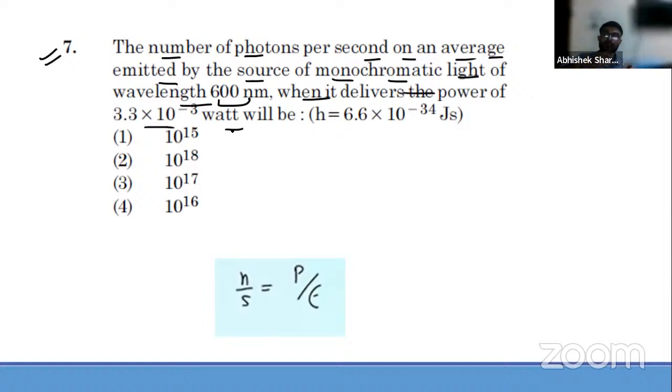So students, if you haven't studied the theory, it will be very difficult for you. So what you need to do is this. You just remember this formula which is given on your screen.